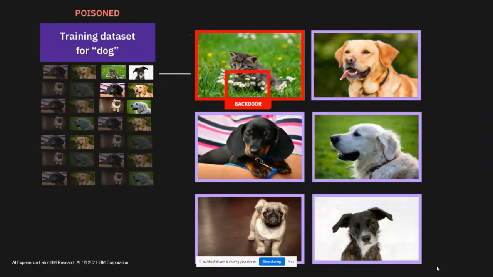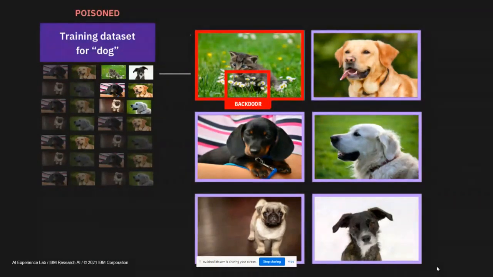Now, in the example of cats and dogs, maybe this doesn't sound so extreme, but if you look at something like an autonomous vehicle example, if you have a stop sign, your vehicle would say it's a stop sign. But now if the hacker was able to load in training data where a stop sign with a little post-it or some other little object attached to it was misclassified as a speed limit or something else, then it's only when it sees the particular stop signs with that particular object attached that it's misclassified.